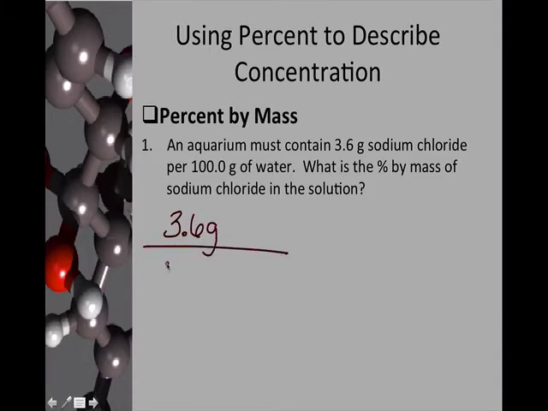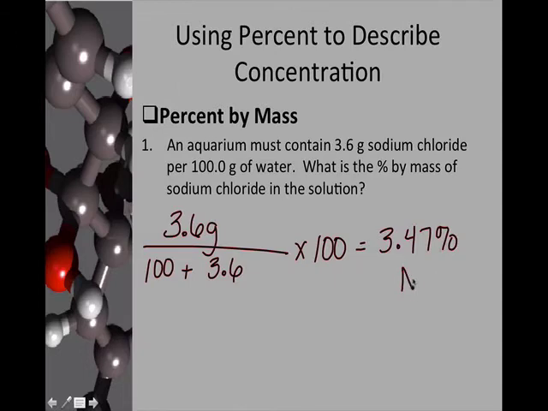And I want to divide it by the mass of the entire solution, so not just the water, but the water and the sodium chloride. So there's going to be 100 plus the 3.6 grams from the sodium chloride. I do the division, I multiply by 100, and when I do that, I get an answer of 3.47% sodium chloride. That's the percent by mass of sodium chloride in that solution.